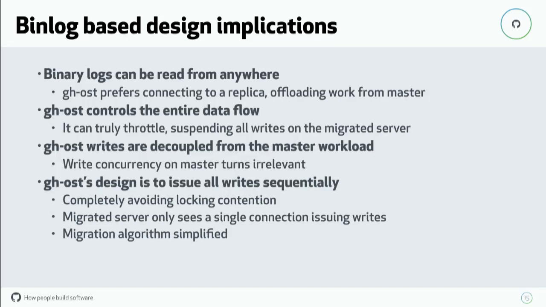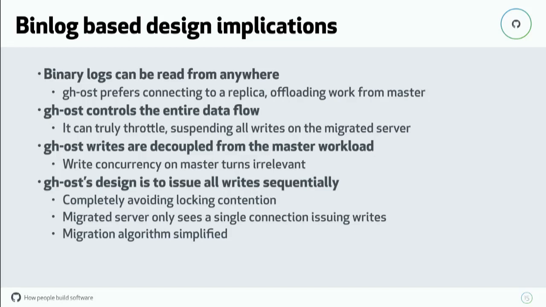And Ghost can throttle, suspending everything that it is doing, including that work to keep up to date with all of the incoming writes to your production table. So now, as long as you've got those binary logs around. If you're keeping them around for a while, probably not a problem. If you have very little, then, maybe.